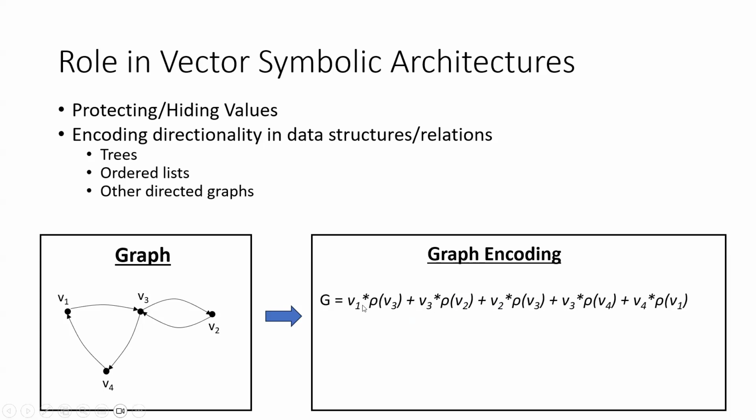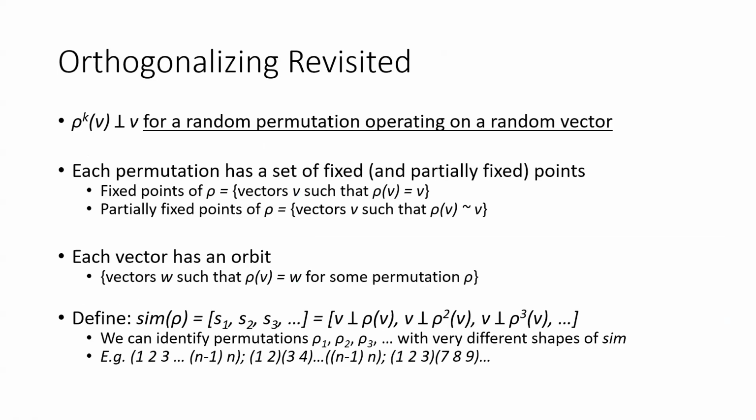Here I'm using a binding for the edge and then a bundling to combine all of the edges. Some folks have endeavored to do this a little bit differently. For my purposes, this was a good way of doing it, but I'm interested if folks have points of view on the nuance of which way is most useful and most effective.